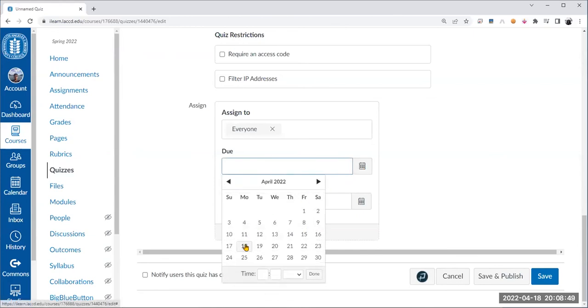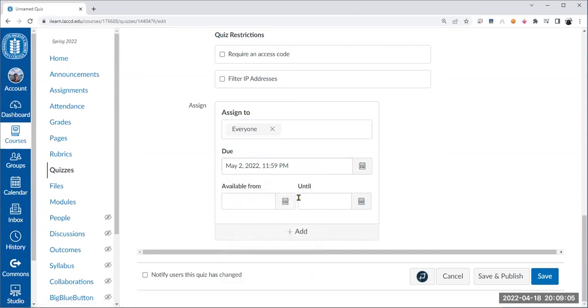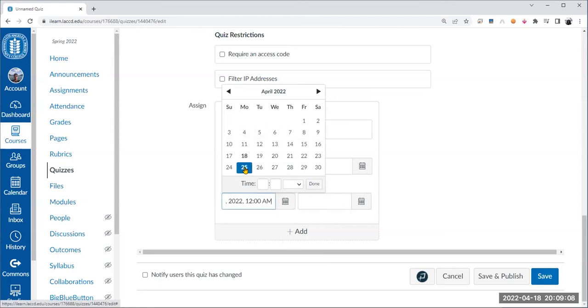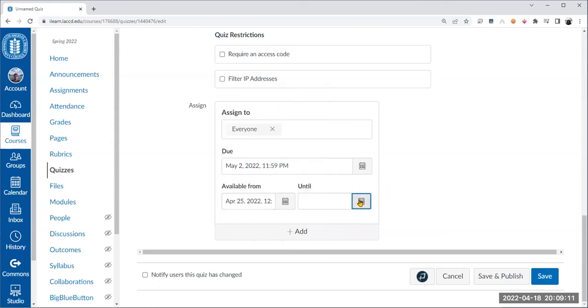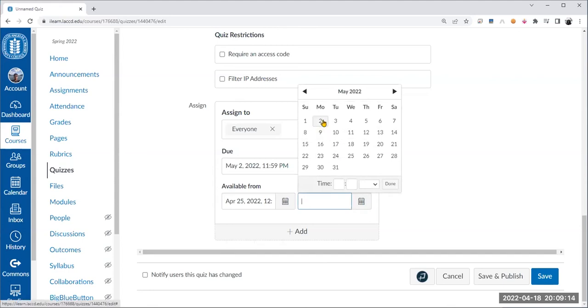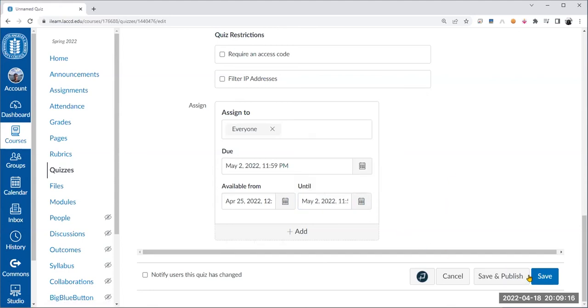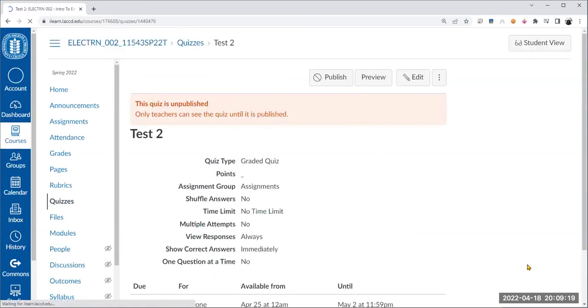Right, today is 18. We finished capacitor chapter 12. And then next week, we cover chapter 13, inductor. And then the following week, let's have test 2 completed. So it's due midnight of May 2nd. I make it available on the 25th, and that's available until May 2nd. And test 2 only covers, let's see.